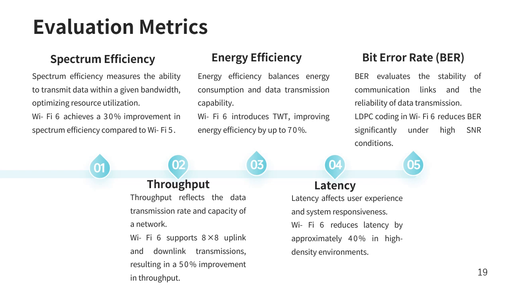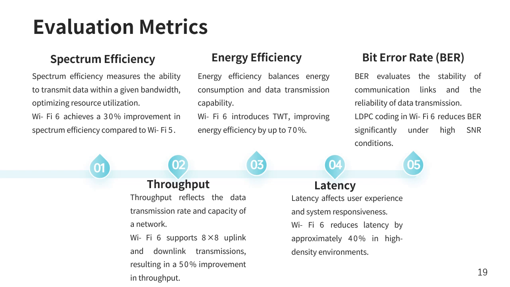This measures transmission reliability. With LDPC encoding, Wi-Fi 6 significantly cut down BER under high signal-to-noise ratio conditions, ensuring more stable communication. All these metrics together show why Wi-Fi 6 is a big step forward.